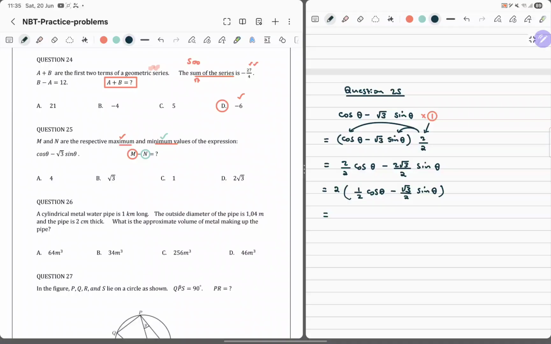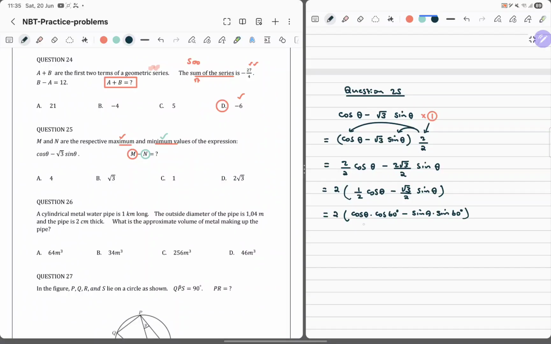Now I'm just going to choose the cosine one. So this is the same as cos 60 degrees times cos theta. In fact, let's let cos theta lead the way. Remember, multiplication is commutative, so there's no stories here. Minus sine theta times root 3 over 2, which is the same as sine 60 degrees.